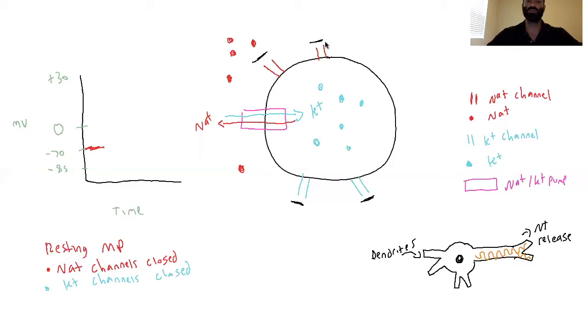Both channels are closed, meaning that once sodium and potassium are in their respective environments, they're not going anywhere. You may recall the book talking about potassium leak channels. I'm going to conveniently ignore those because it would complicate an already complicated topic. So let's just get down the foundational knowledge.